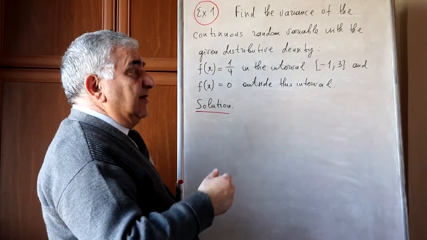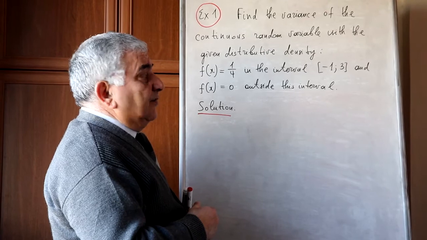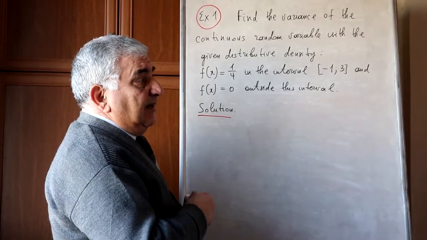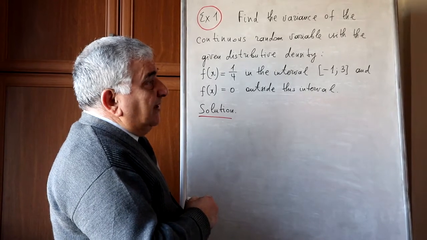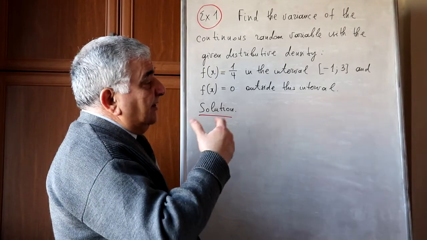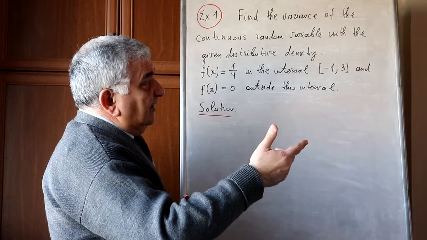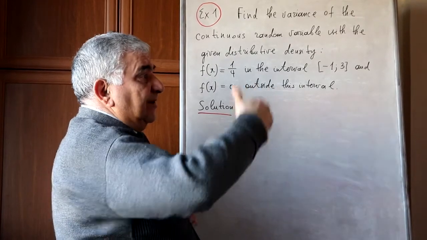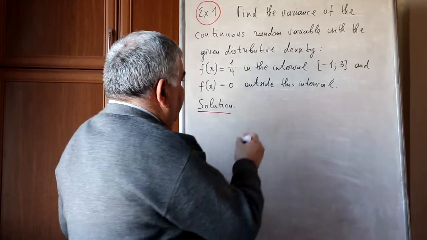The first interval is from minus infinity to minus 1, then between minus 1 and 3, and finally after 3, that is the interval from 3 to plus infinity.